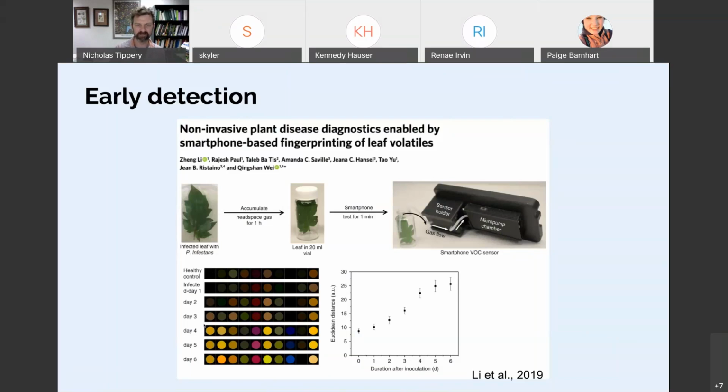So basically you take your plant, draw off the gas that it's producing and run it through your sensor. This is attached to a smartphone, and then it's able to tell you what's wrong with your plant. So interesting technology in the future.